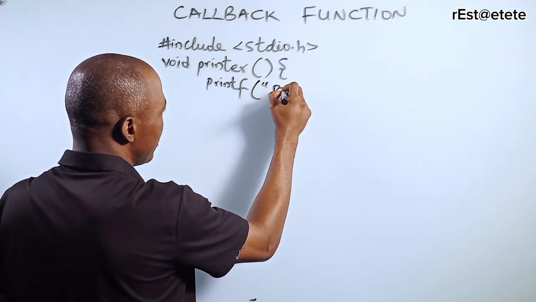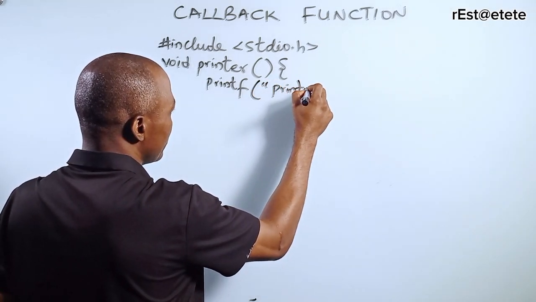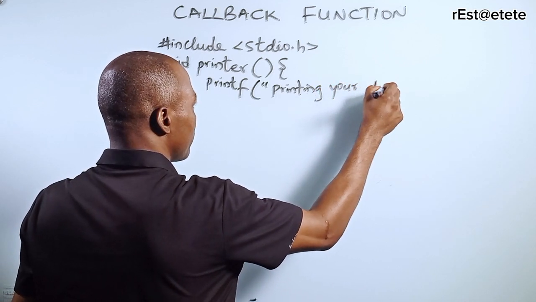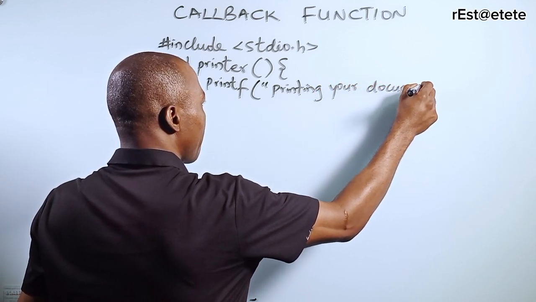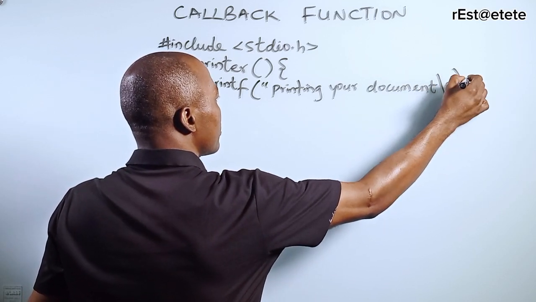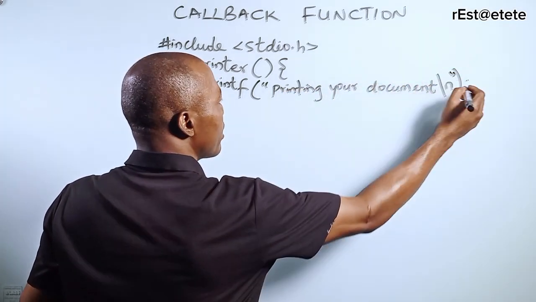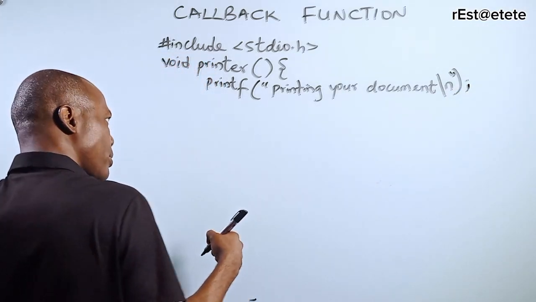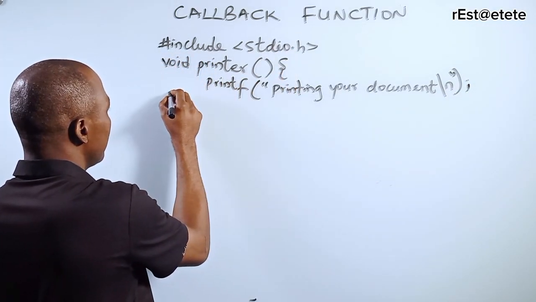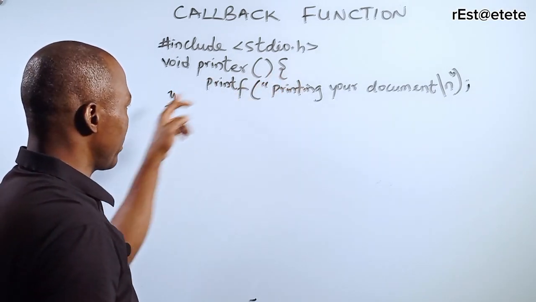So I will just write here, printing your document, right? Then I'll put this, yeah? Then I'll close this here. Okay, so this is my printer function. Then I'm going to close my curly bracket here.